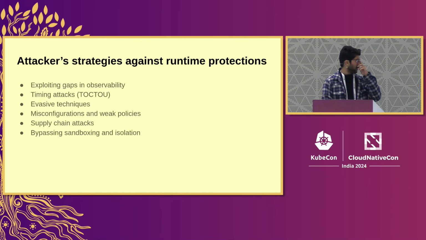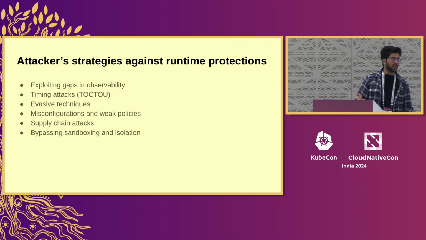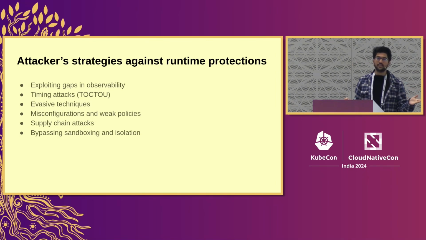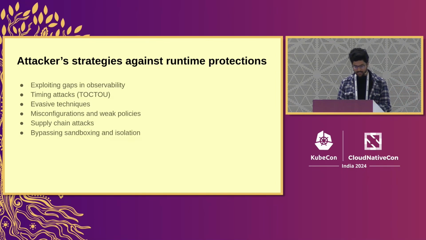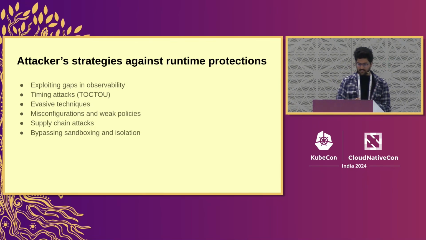For example, you have defined a very restrictive policy for your workload, but there are still some corner cases or some zero-day vulnerabilities which you might not know exist, and the attackers can utilize those. Then we have supply chain attacks. And there are a few things in the kernel itself. We see from time to time multiple CVEs where users can bypass sandboxing and isolation. This happened in the past with the BPF verifier, with the kernel. So these are all the things which attackers can use for their own advantage.